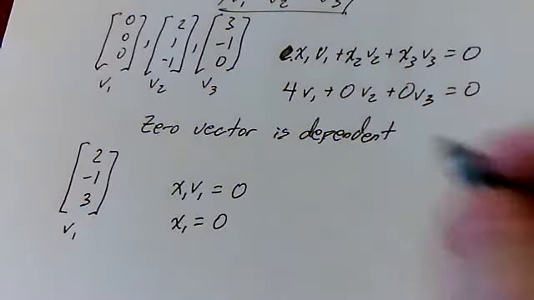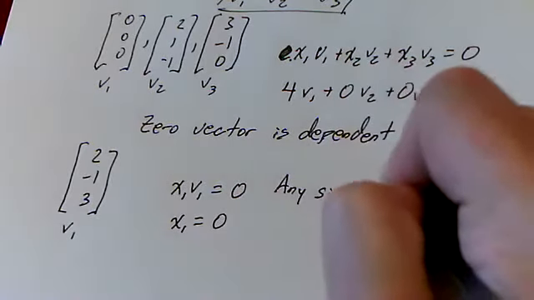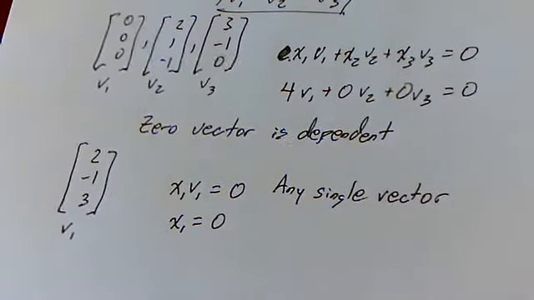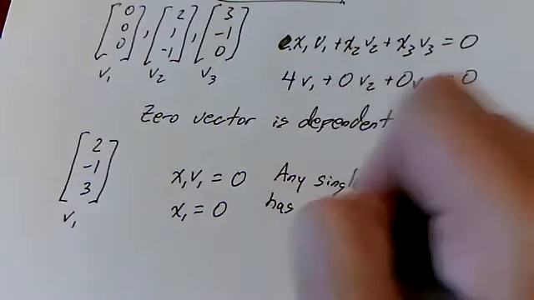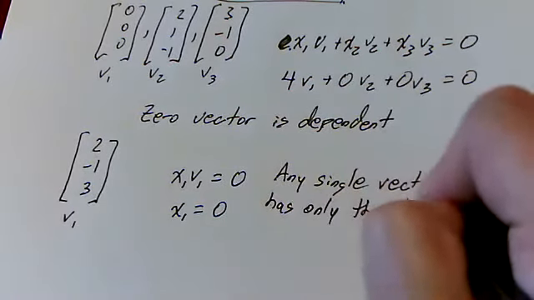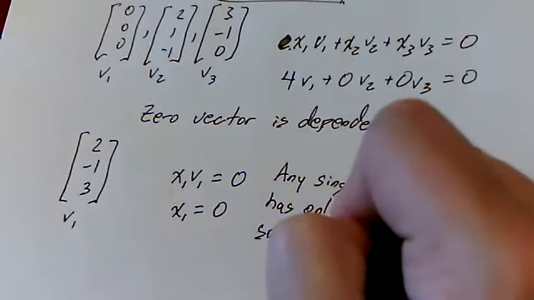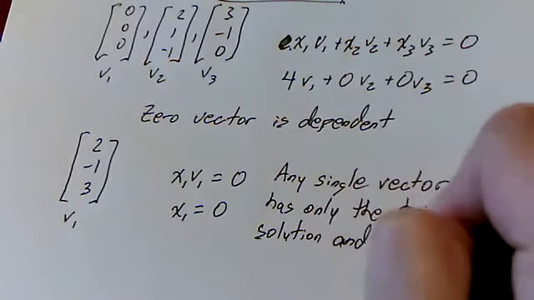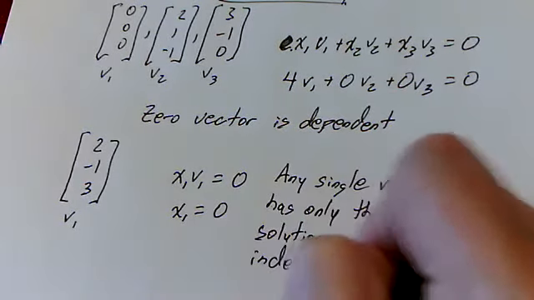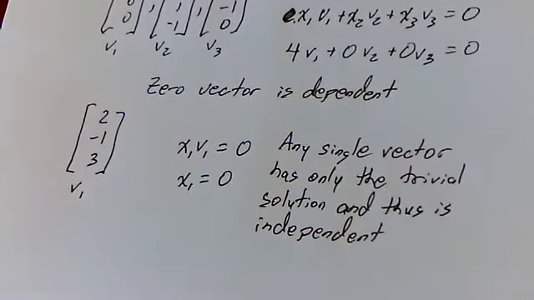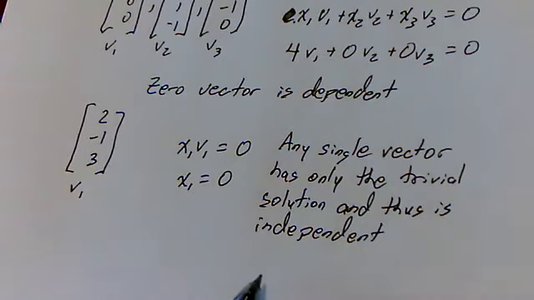If I just have the one vector, any single vector has only the trivial solution and thus is independent, or linearly independent, okay? This equation has only the trivial solution, so the vector has to be independent.